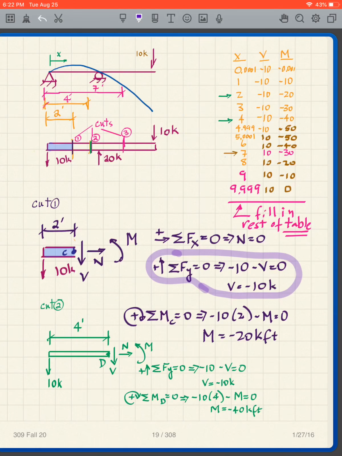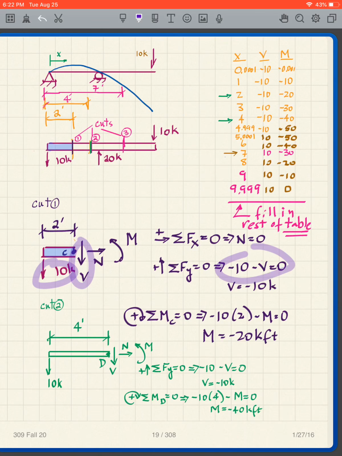What do I see? I have that 10 is going down, that V is going down, and we set a sign convention for this equation only, and I'm choosing upward positive. That's down, so it's minus 10. That's down, so it's minus V. So minus 10 minus V equals 0. I get V is equal to negative 10 kips.